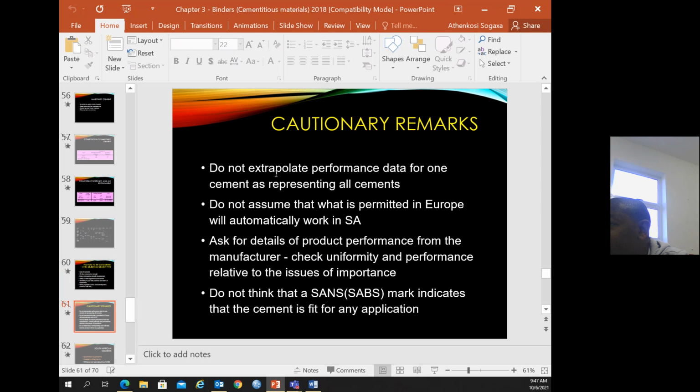Do not extrapolate performance data for one cement as representing all cement. Do not assume what is permitted in Europe will work. Then you start checking your site conditions and what is required by the engineer. Meaning that you have to consult the manufacturer of the cement to find out which type of cement will be suitable for your site conditions.